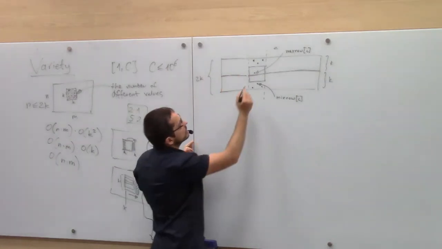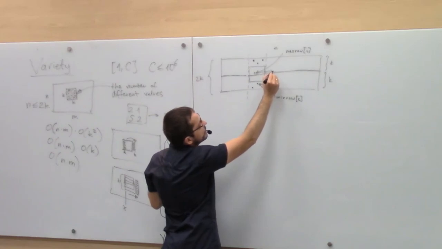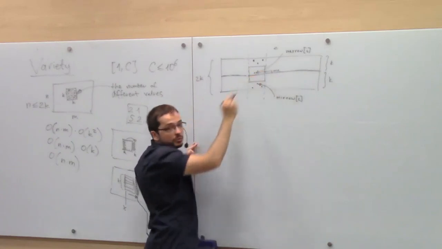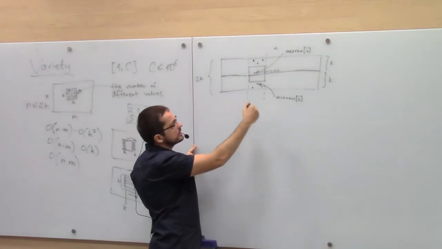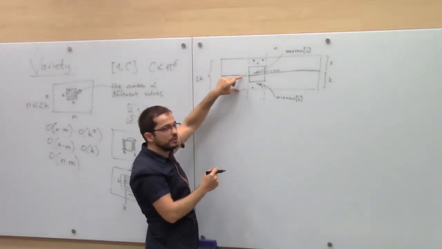So here we have no C in this part. For the min row it's symmetric: we only consider the elements in the lower strip.